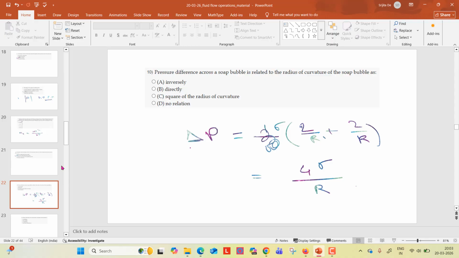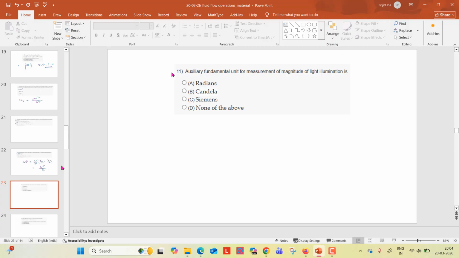So the pressure difference across the soap bubble is inversely proportional to the radius of curvature. Next, the auxiliary fundamental unit of measurement of magnitude of light illumination is candela.